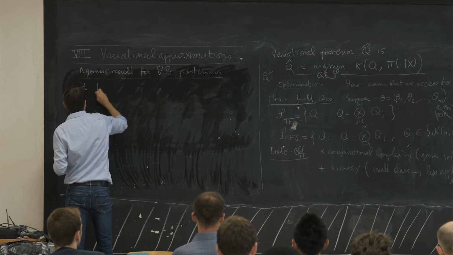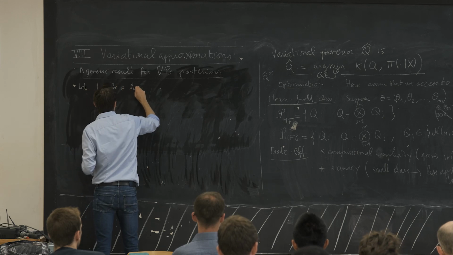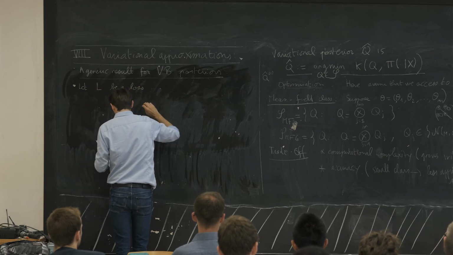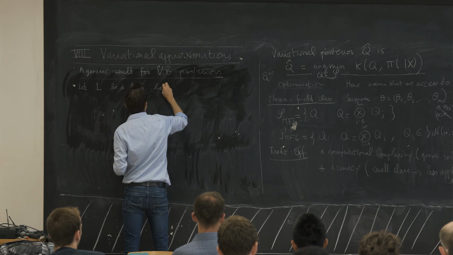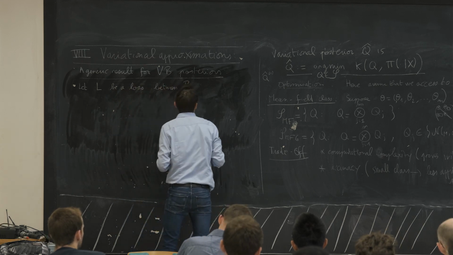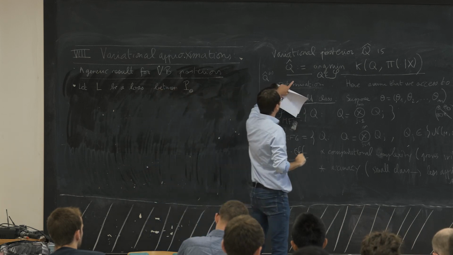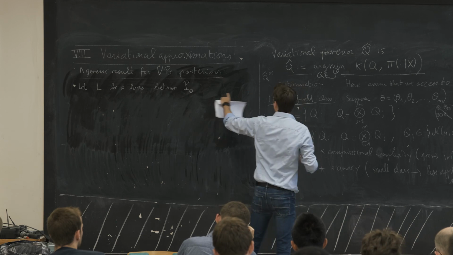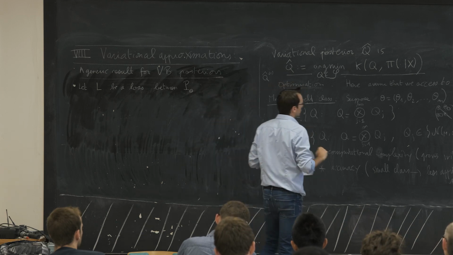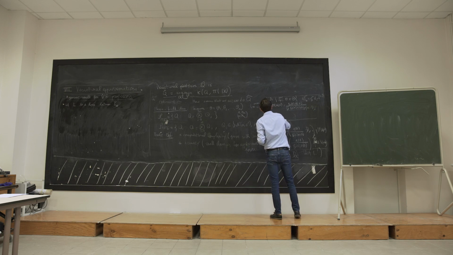The result will be expressed in a certain loss. So let L be a loss. Recall that what we want to show is the rate of convergence of Q hat towards theta naught, as usual in the frequentist perspective, so a frequentist analysis.